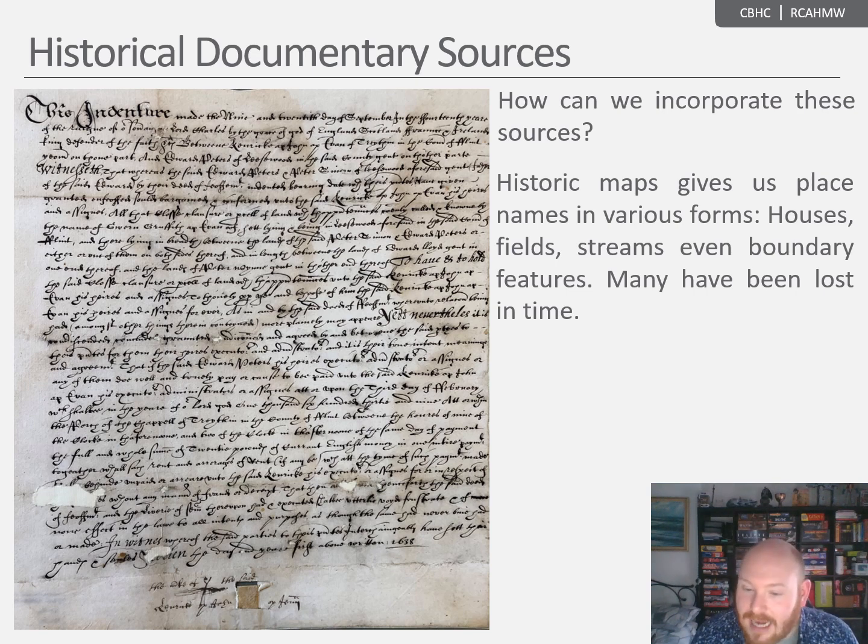If they have the same names, we can start thinking, well, okay, this documentary source names these field names, and these field names appear on this later map. Perhaps they are one and the same thing. So we can potentially recreate or draw a historic map from a documentary source that was never really intended to be a map, although it does have geographical information in it.